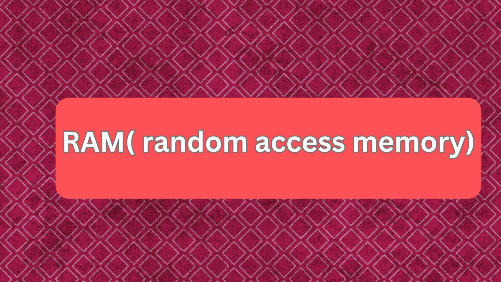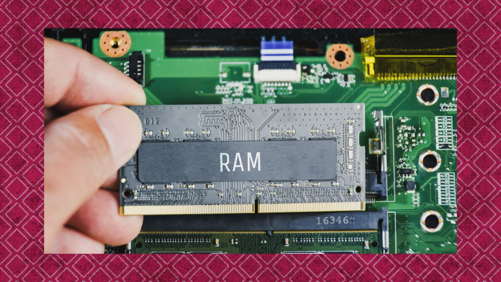RAM, Random Access Memory. RAM is your system's short-term memory. Whenever your computer performs calculations, it temporarily stores the data in the RAM until it is needed. This short-term memory disappears when the computer is turned off.